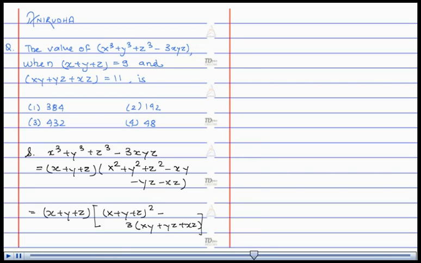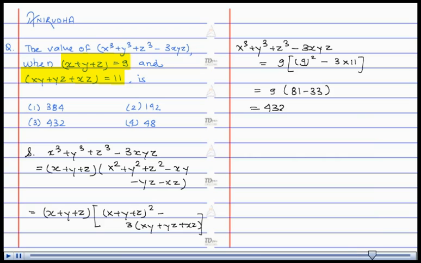Now from the question we know that x plus y plus z is equal to 9 and xy plus yz plus xz is equal to 11, and therefore putting these values in the above expression we get x cube plus y cube plus z cube minus 3 xyz is equal to 9 times 9 square minus 3 into 11, or 9 times 81 minus 33, which is equal to 432.